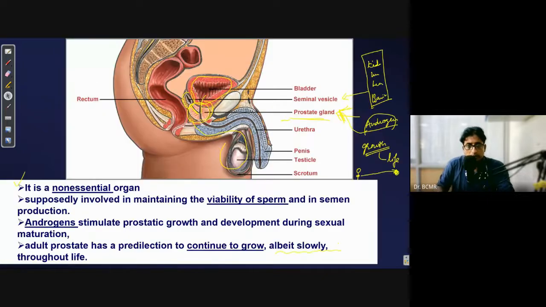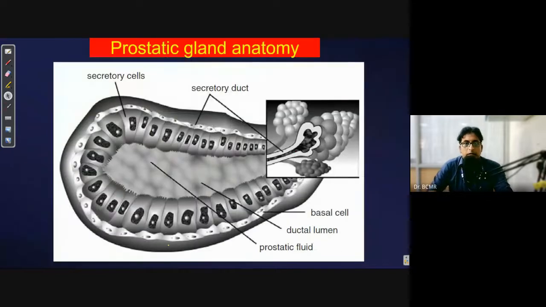So what we have to remember is there is a predilection for the prostate gland to keep on growing, right? Keep that in mind.